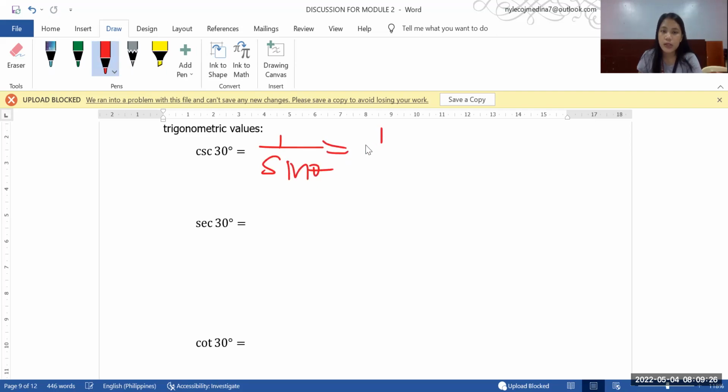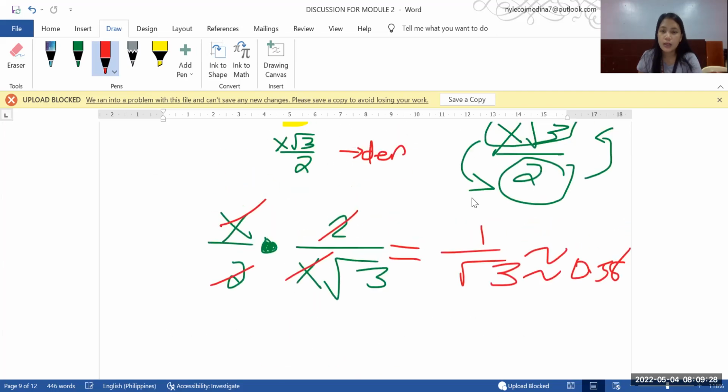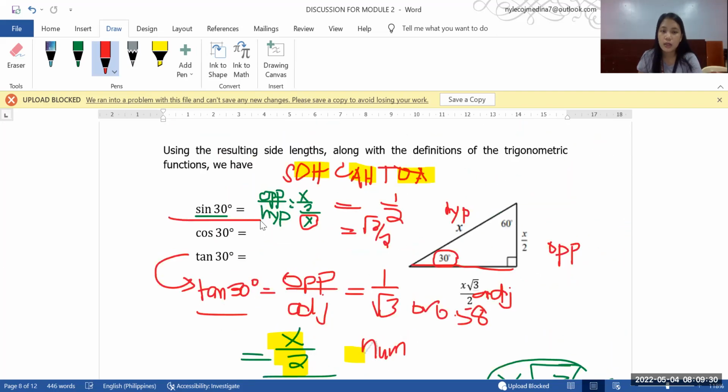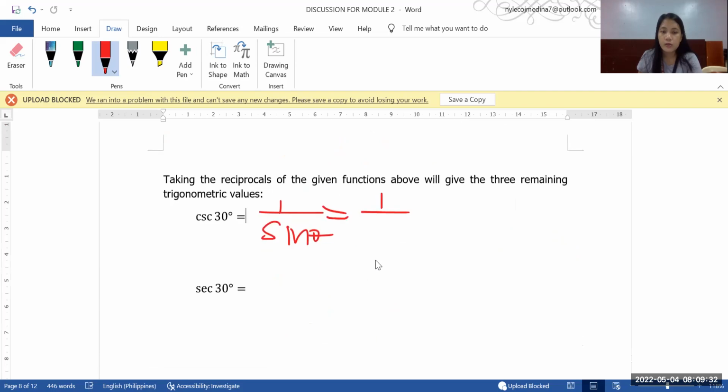Sine theta is 1/2. So 1 over 1/2 is equal to 1 times 2 over 1, or 1 times 2, which is 2. So cosecant 30 is equal to 2.